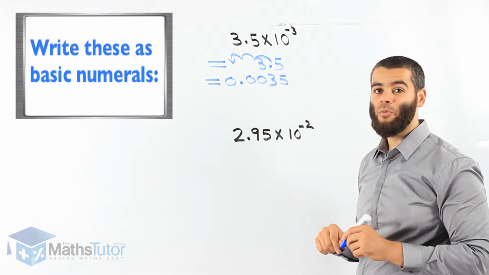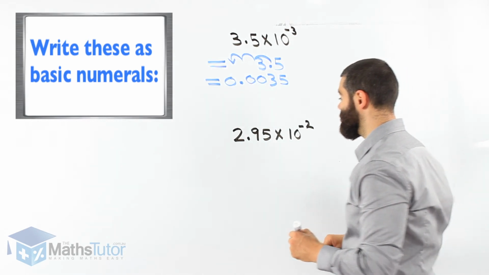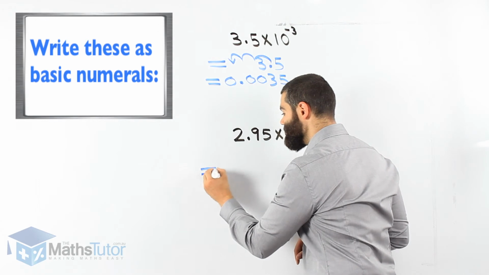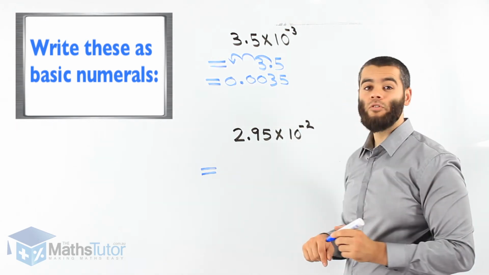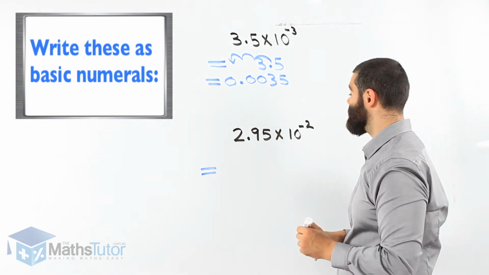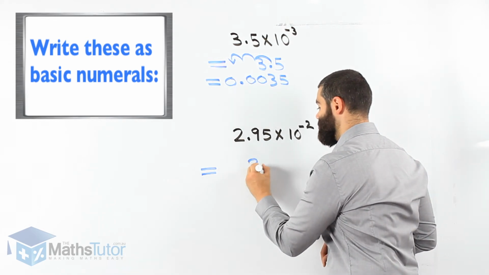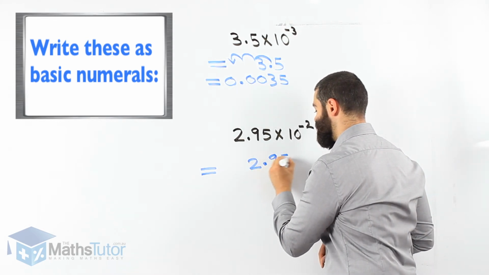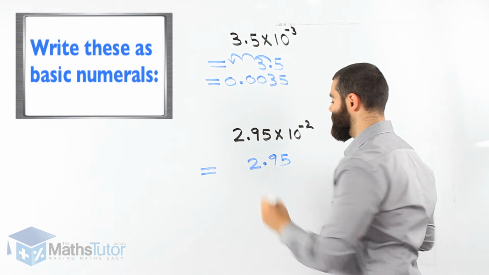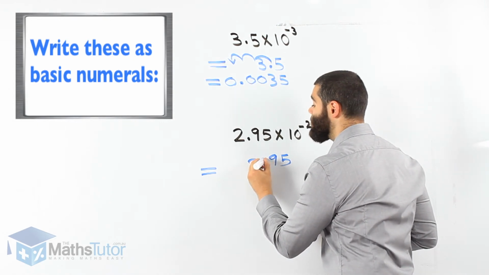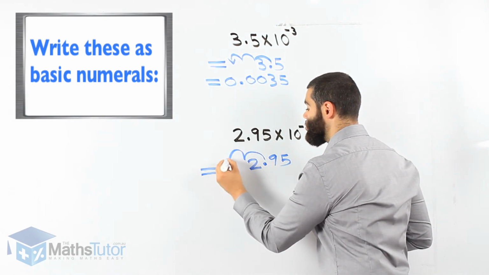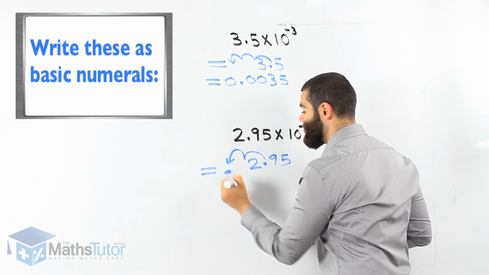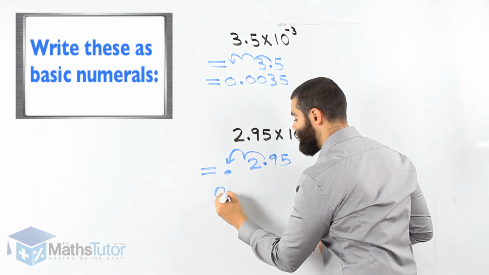Next, 2.95 times 10 to the power of negative 2. What are we going to do? We're going to jump and go back to the left twice. So we have 2.95. We're going to grab our point and move twice to the left. 1, 2. So it's going to go right there. So 0.